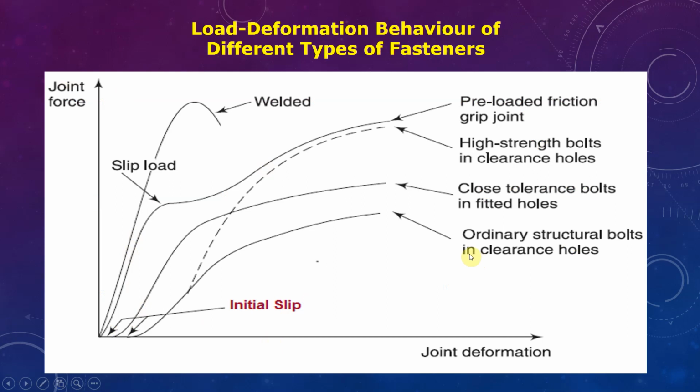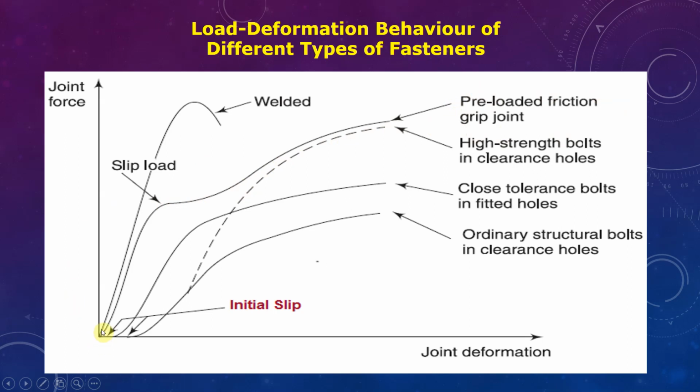Here there is a comparison of behavior of different types of connections. This first graph is for ordinary structural bolt. This second graph shows the behavior of close tolerance bolts. This dotted graph shows the behavior of high strength bolts in clearance holes. Then this graph, which is showing slip load at this point and suddenly goes down and again increases upward, is the graph for preloaded friction bolts.